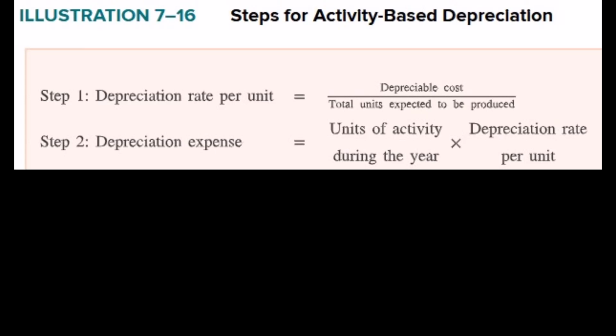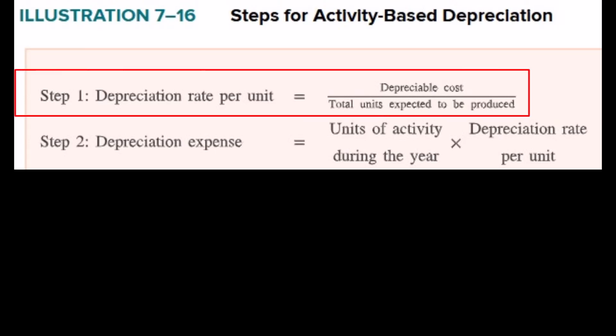Our final method is activity-based depreciation, also called units of production. This method isn't based on time, but on the asset's use. For our truck, that means miles driven. First, we calculate a depreciation rate per unit, in this case, per mile.